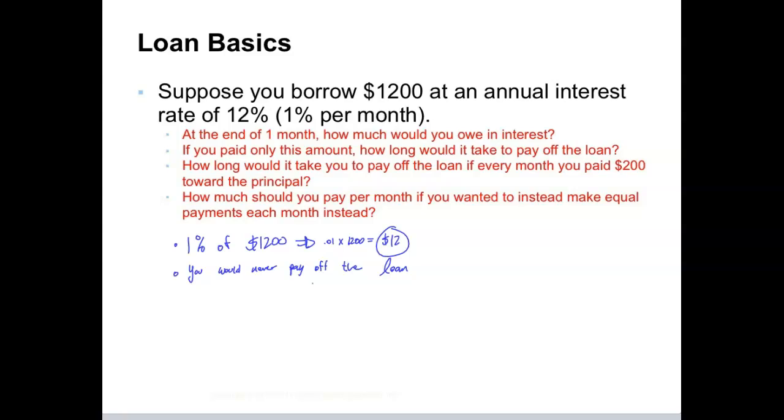All right, so how long would it take you to pay off the loan if every month you paid $200 towards the principal? Let's take a look at a little table to do that.